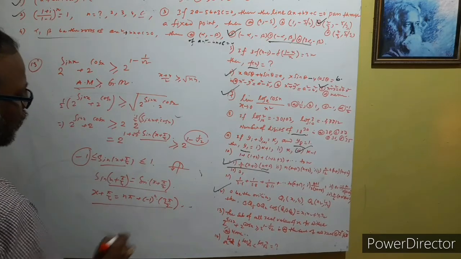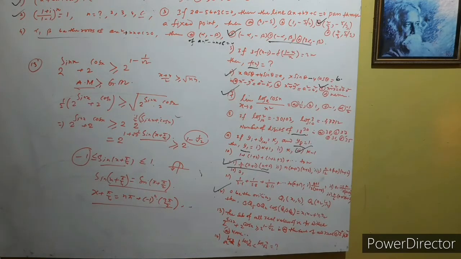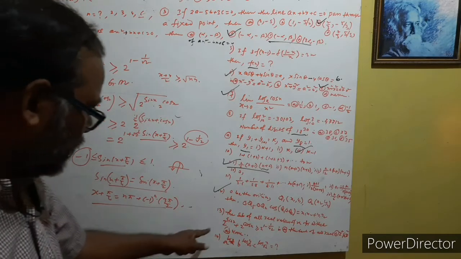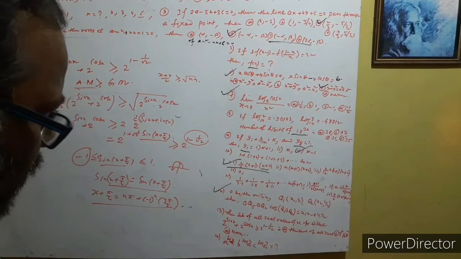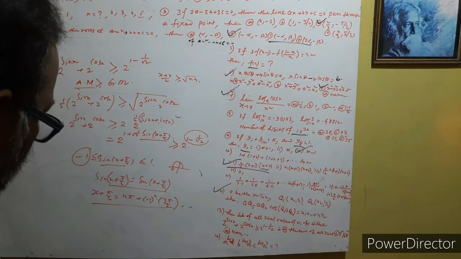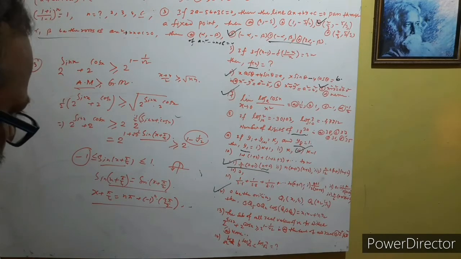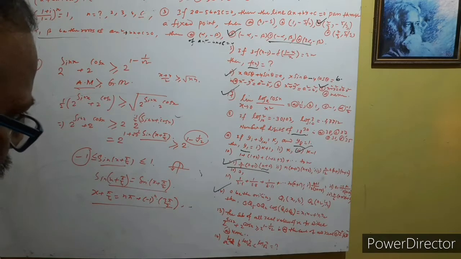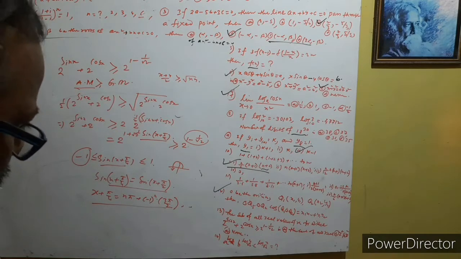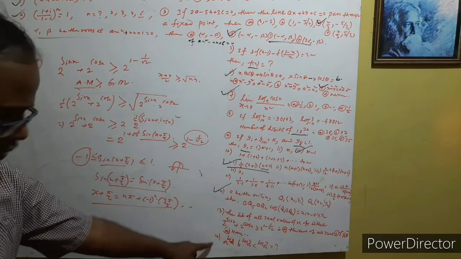And from that, putting n equal to 0, 1, 2, 3, we get all the solutions. So the set of real numbers. Now for question number 14.